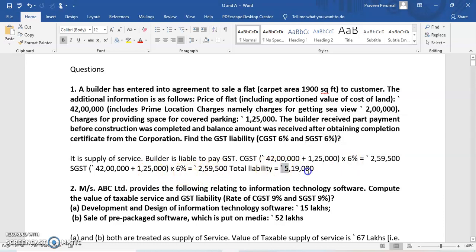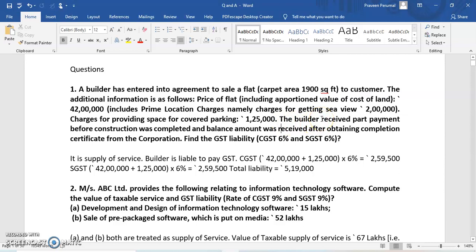Total liability is 5,19,000. Now, why are you applying GST on the same and is it liable for GST? The answer is given here. The builder received part payment before construction. So, if you are receiving the part payment before construction, GST is applicable. If you are receiving the complete payment after the completion of the building, then it becomes a completed sale, and GST will not be applicable.